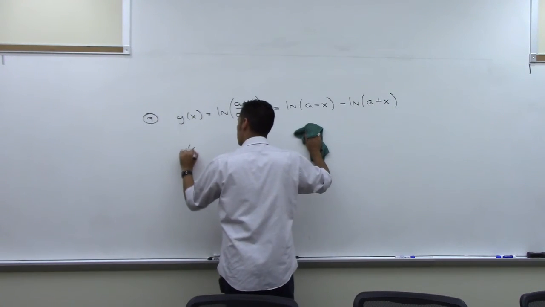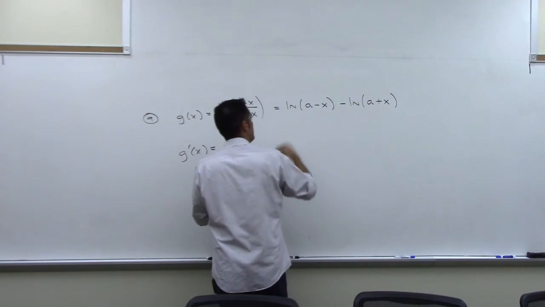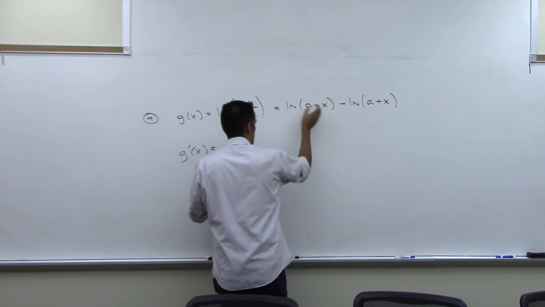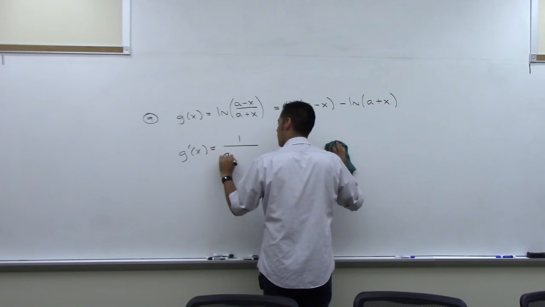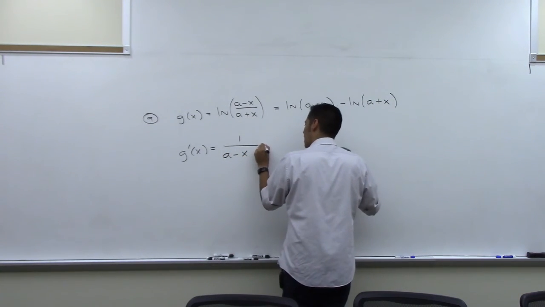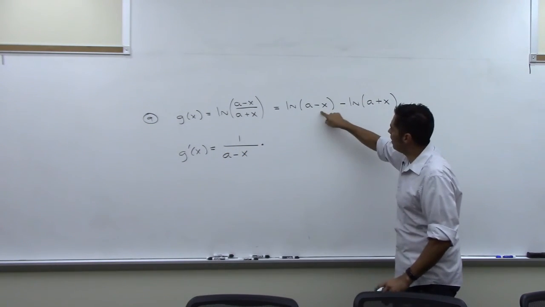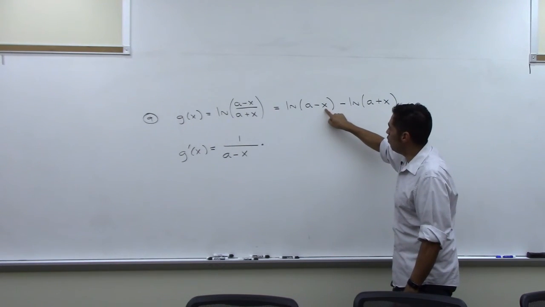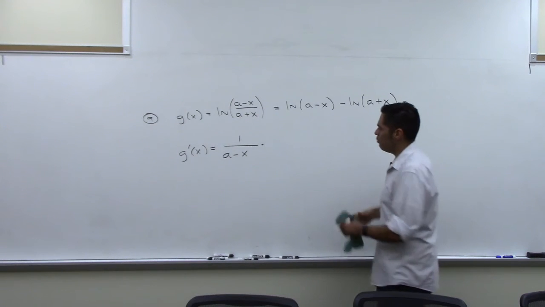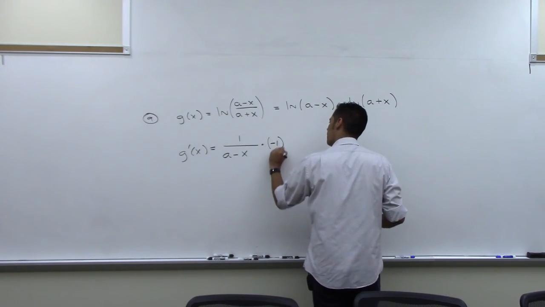The derivative of g is the derivative of natural log of u, or something, right, is just 1 over that something times the derivative of what's in here. Well, derivative of a is 0 because it's a constant. Derivative of x is 1, but I have subtraction. So I should just get negative 1 out of that when I take derivative.